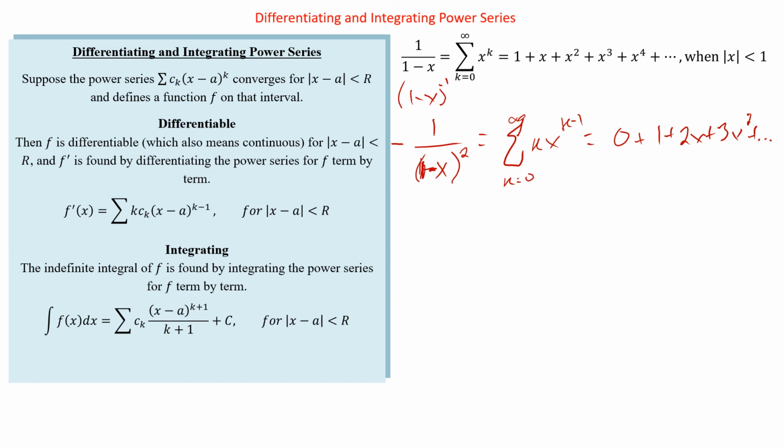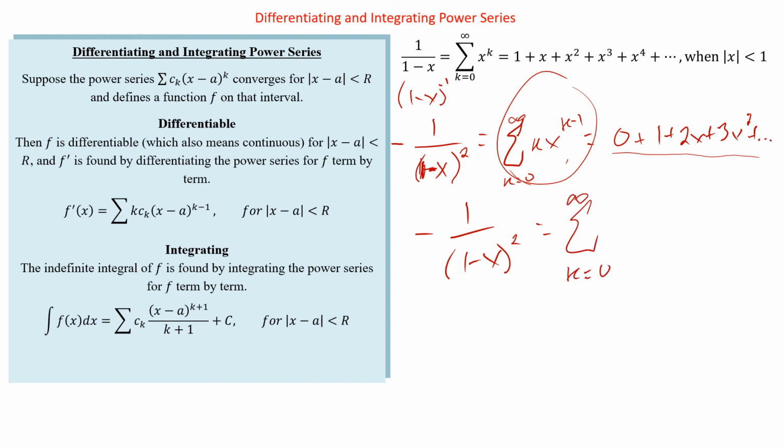This we could actually rewrite as a series. 1 over (1 minus x) squared is going to equal the sum from k equals 0 to infinity of (k plus 1) times x^k, by shifting the index, which really just adds 1 to each of those.